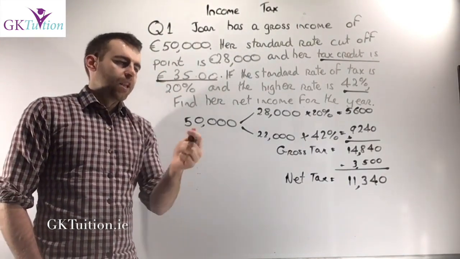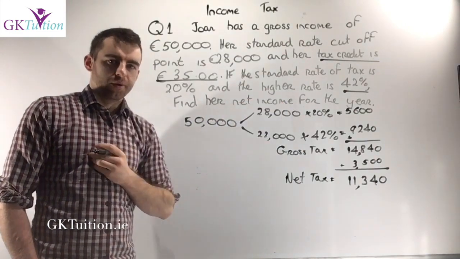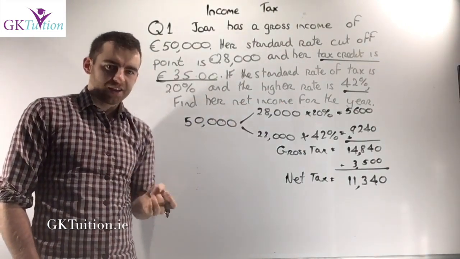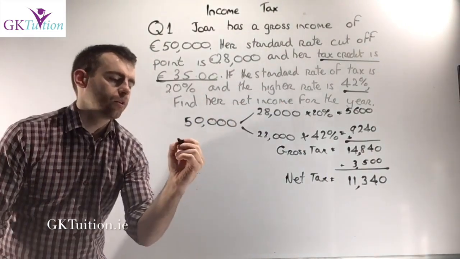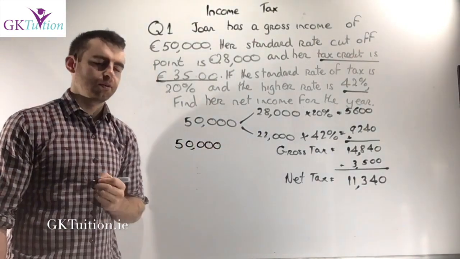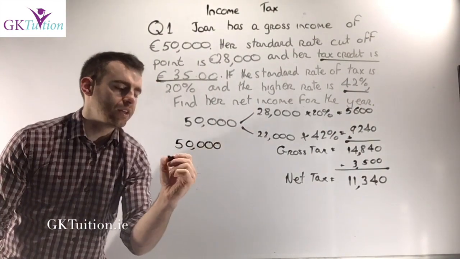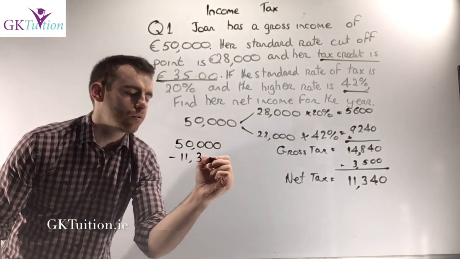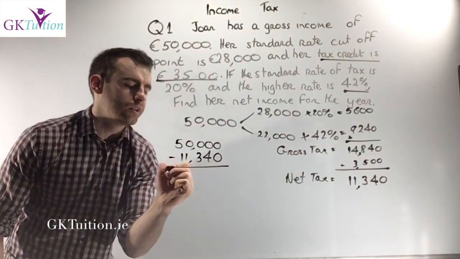These two figures are going to allow me to work out her net income, the amount of money that Joan actually gets to spend. So her company pays her a gross income of €50,000, but the net tax that she has to pay on that €50,000 is €11,340.